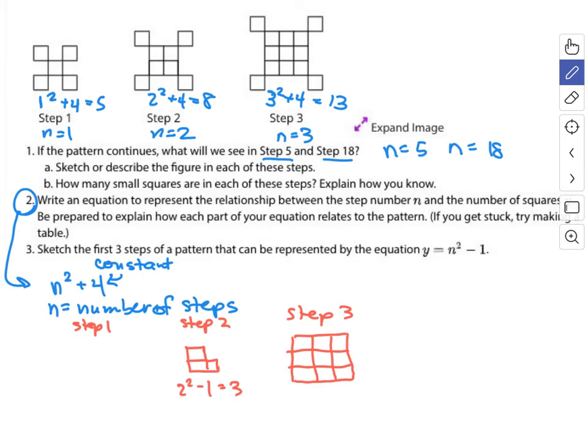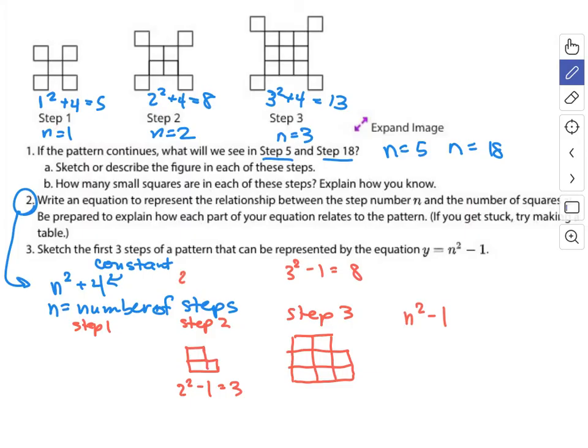But then I need to, let's make my eraser dot a little smaller. Subtract 1. So that one right there is n squared minus 1. For step 3, that would be 3 squared minus 1, which is 8.